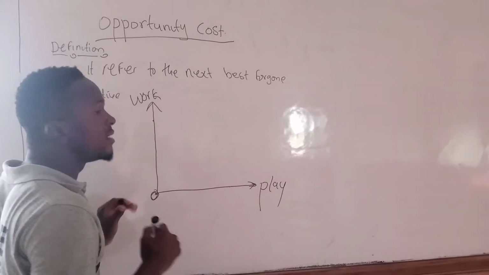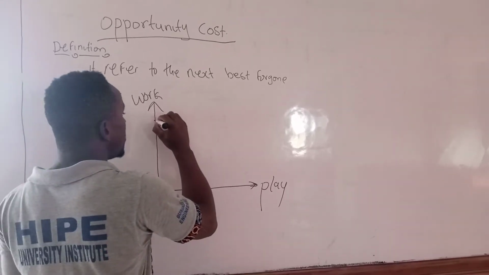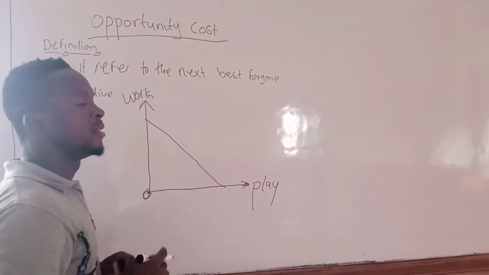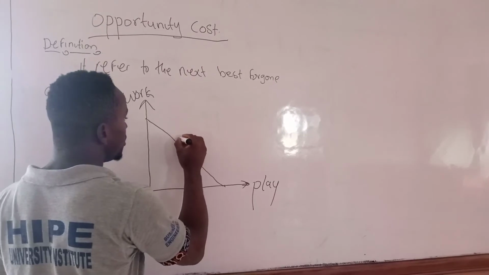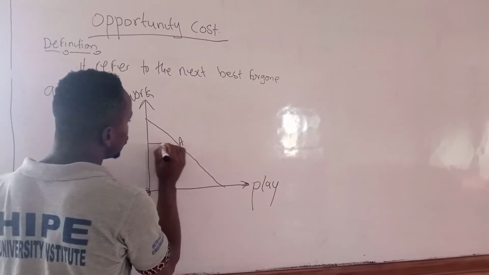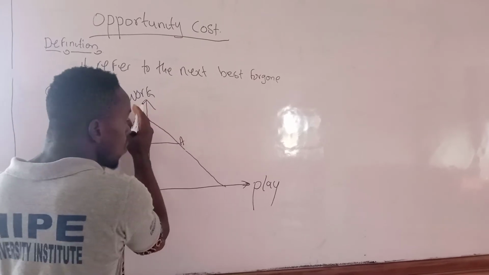But let's say, for example, in a straight line PPC of this nature, the student decided to do play and to do work.